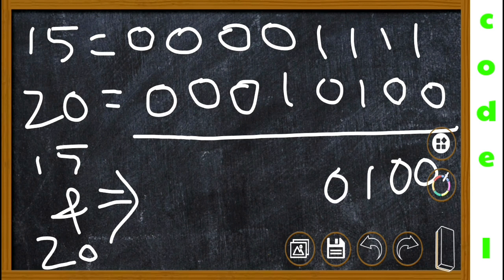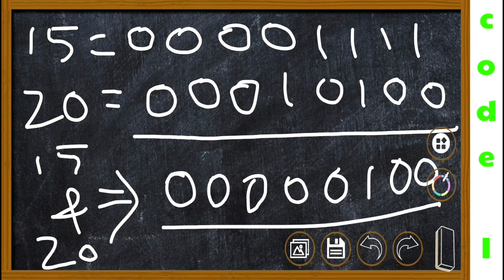Here 0 0, of course 0, 0 0 0 0, and this is our answer. When we AND 15 and 20, this is what we get.